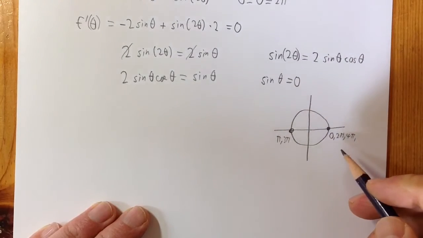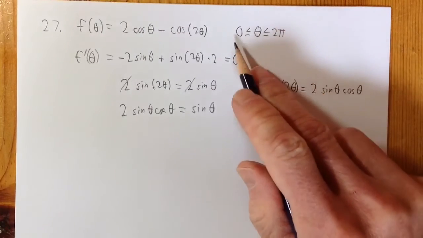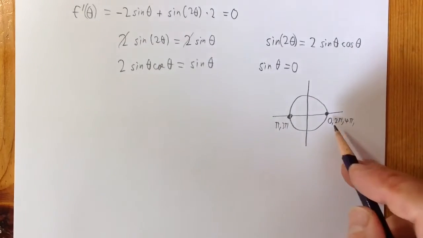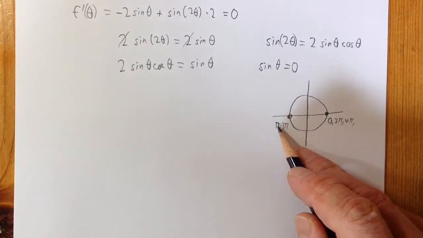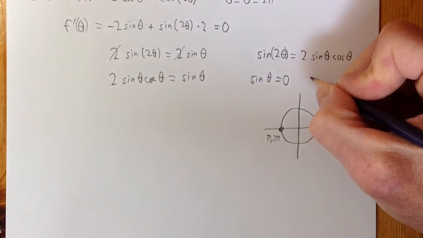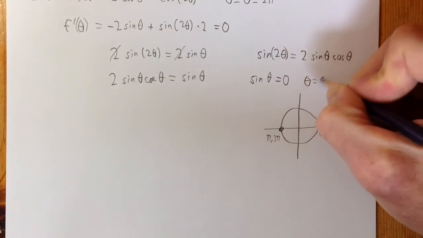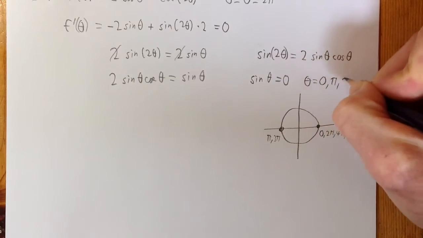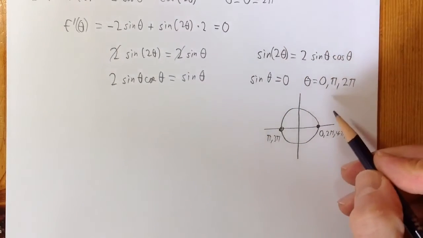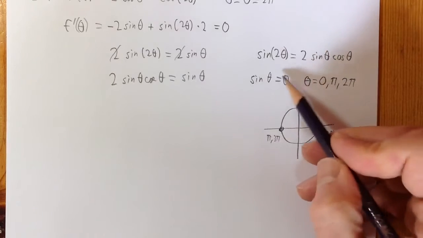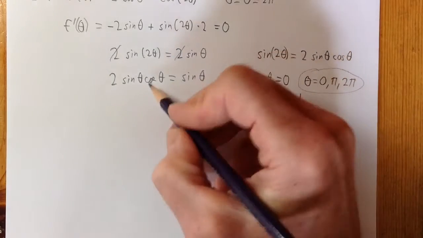The only ones we're interested in, because we're limited to 0 through 2 pi, are 0, pi, and 2 pi. So the places where this works are theta equal to 0, pi, and 2 pi. Those are some of the places where the slope is 0. Right here we have 3 places where the slope is 0, but there could be more.